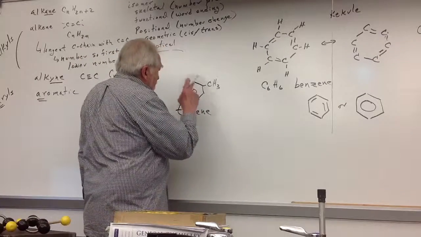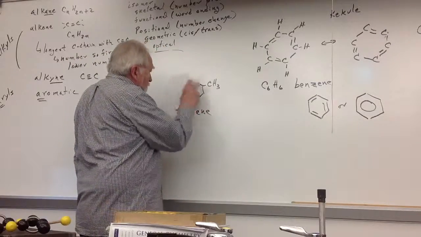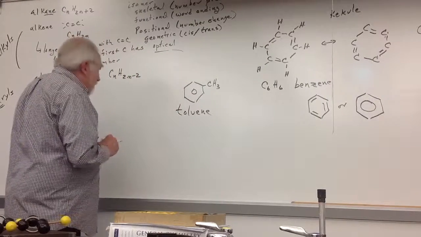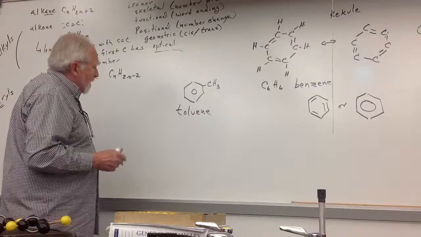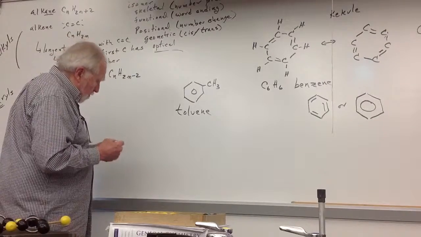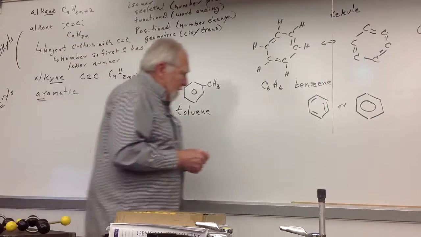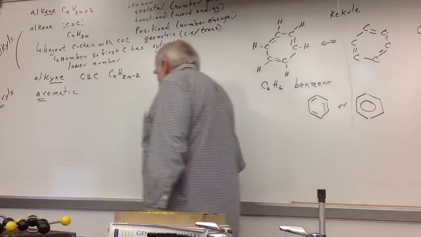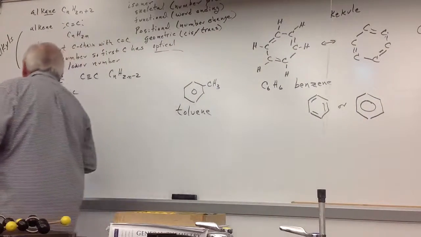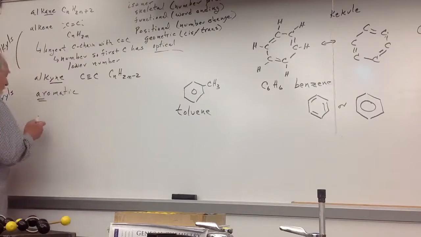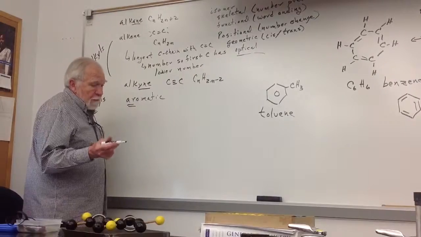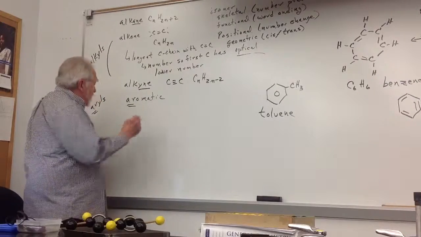But this would be the number 1 carbon. You go around the ring here if you have other substituents. Okay. So these are our basic aromatics, benzene, toluene. And then before I do oxygens, and by the way, these are sometimes referred to as functional groups separately, but I'm going to do it as substituents.